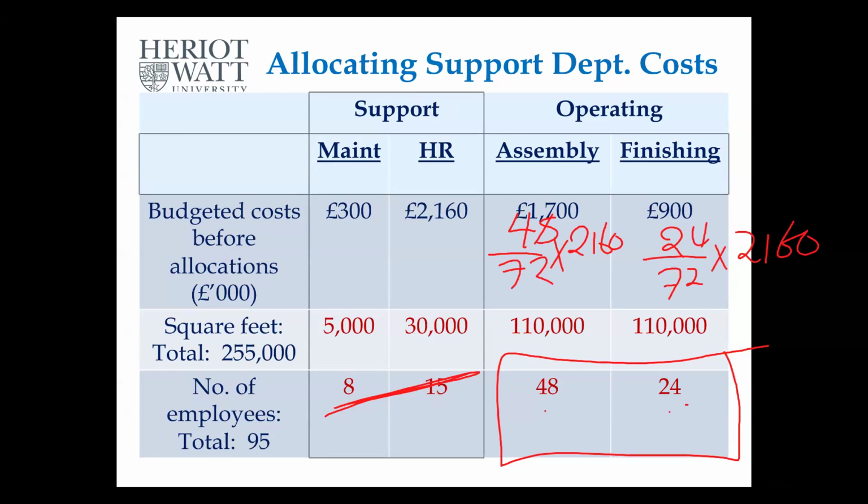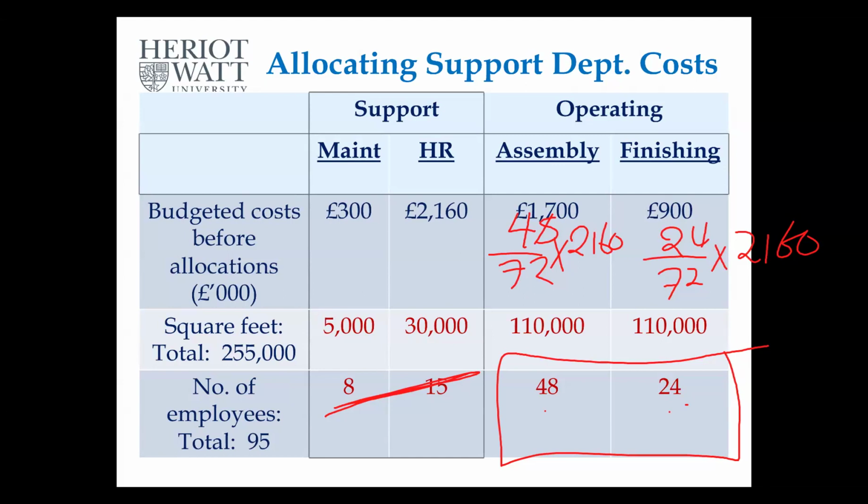You know, the wrong thing that I was doing is that for the maintenance department, I was using the assembly line 1,700. So instead of multiplying, for example, 110 over 210 times 300, I was multiplying it by 1,700.